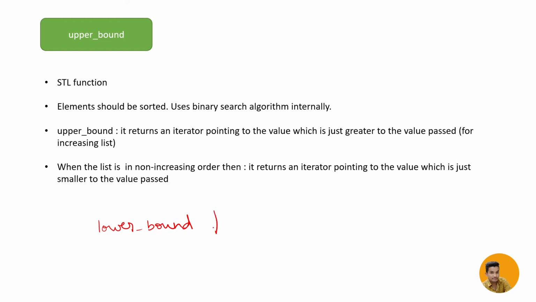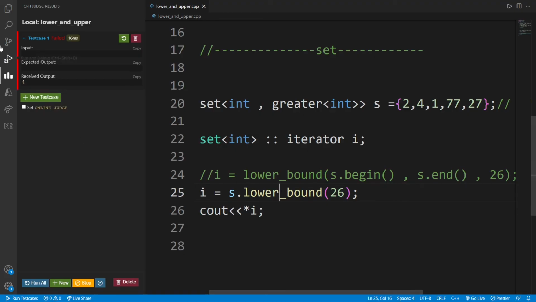And upper bound, even if the value is present, won't give that value. It is always going to give the next higher value. And if it is non-increasing, then it gives the smaller value. That's all you have to remember, and that's how we use this in the containers.